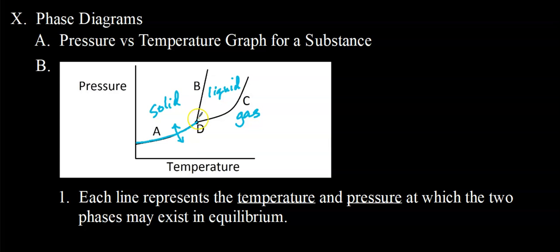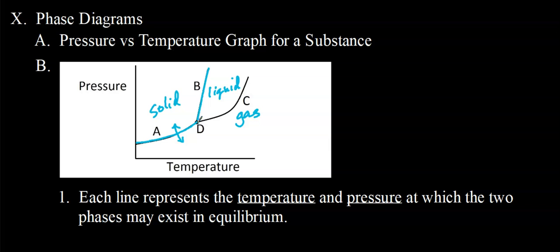Let's take a look at this next line here, label B. So that is the line between solid and liquid. So at all of these temperatures and pressures, the substance would exist simultaneously as a solid and a liquid. Have you ever seen solid and liquid water together at the same time?